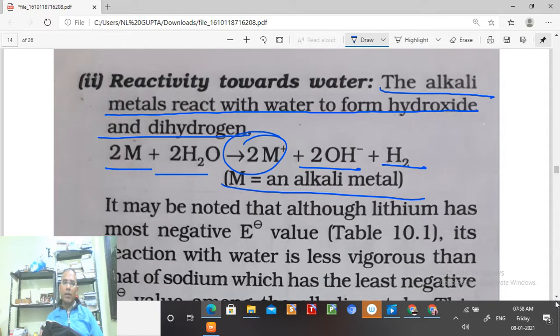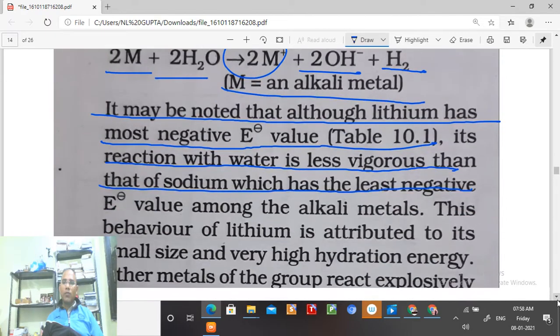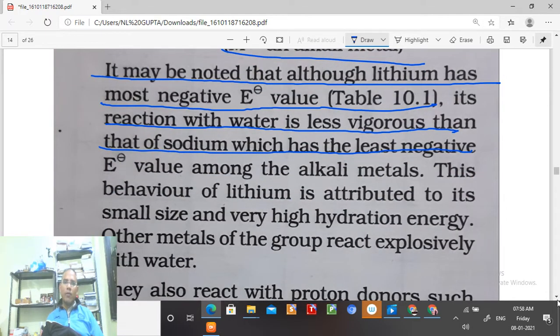It may be noted that although lithium has the most negative E naught value, its reaction with water is less vigorous than that of sodium, which has a less negative value. So sodium reacts more vigorously than lithium. Why? E naught value among the alkali metals.